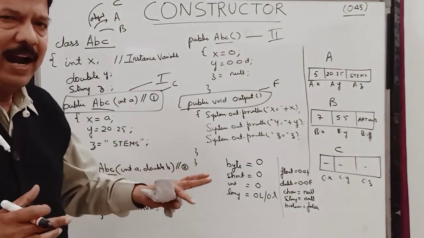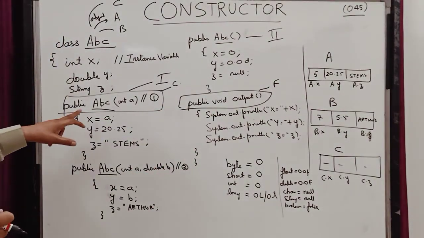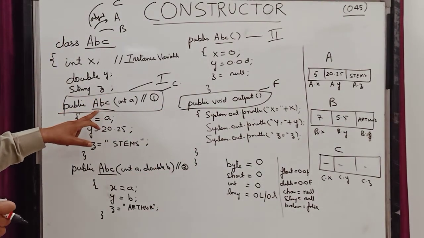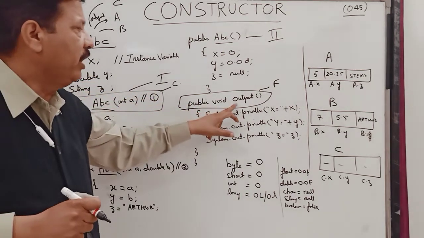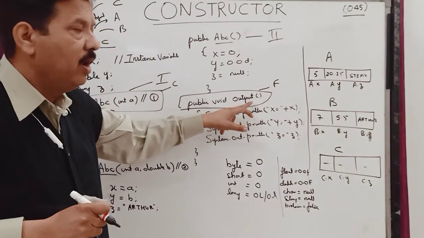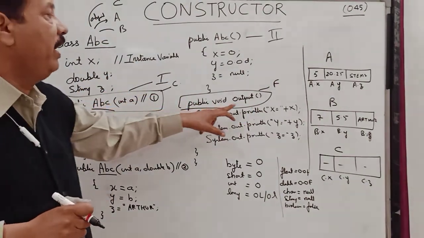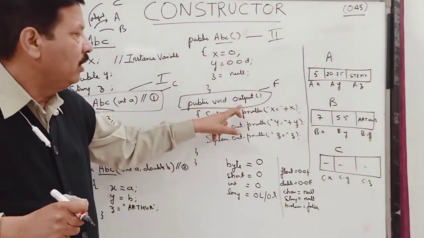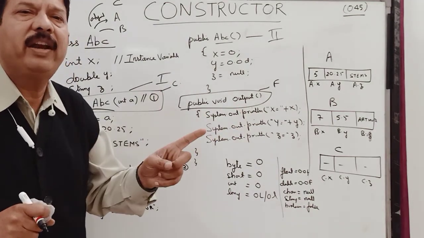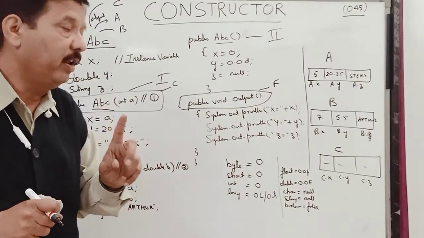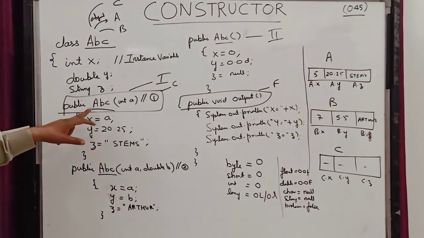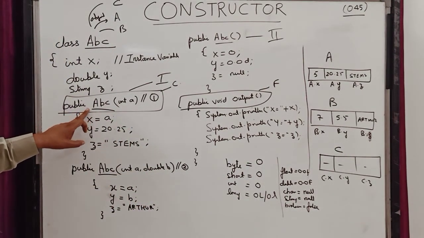First thing is that the constructor has the same name as its class, whereas the function, here the name of the function is output, has a different name than its class. Is it clear? First difference: a constructor has the same name as its class and a function has a different name.